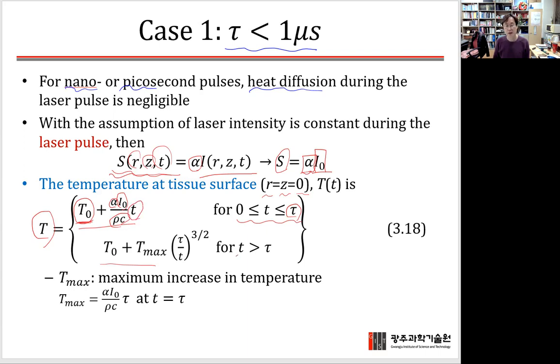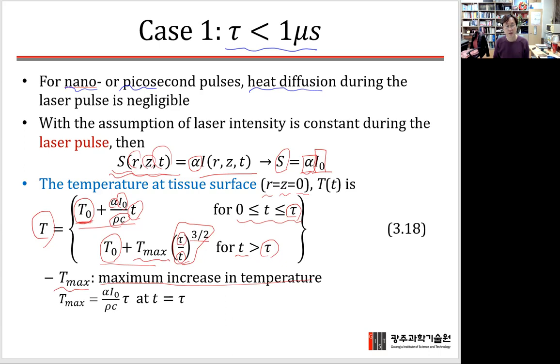Once the time is longer than the pulse duration, it follows T0 plus Tmax, followed by a slow decay as a function of τ over t to the power of 3/2. Here, Tmax represents the maximum increase in temperature.